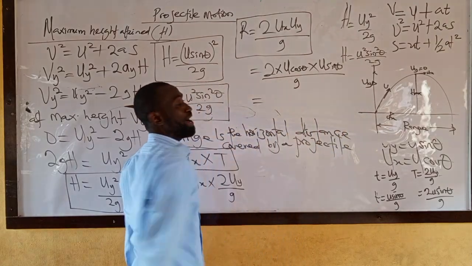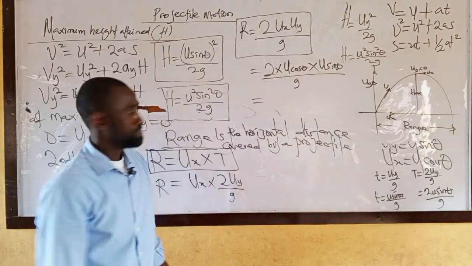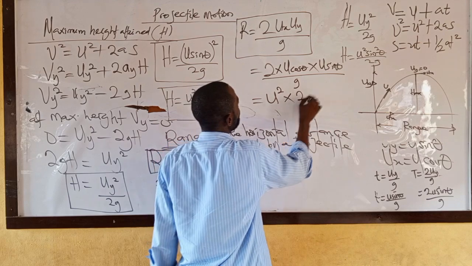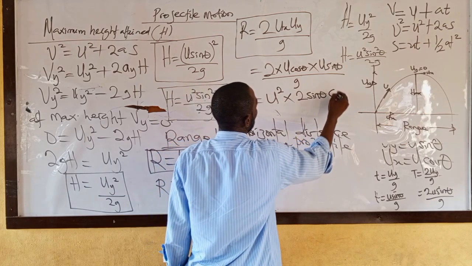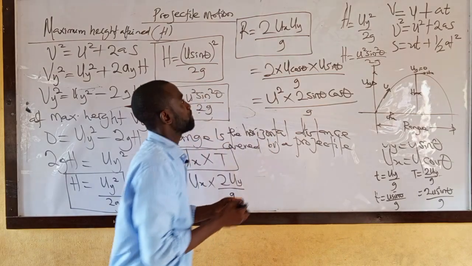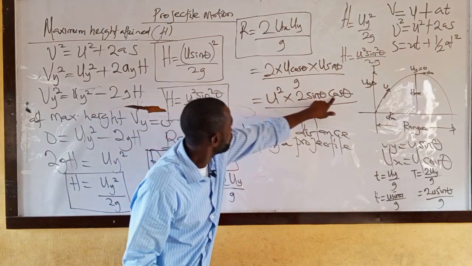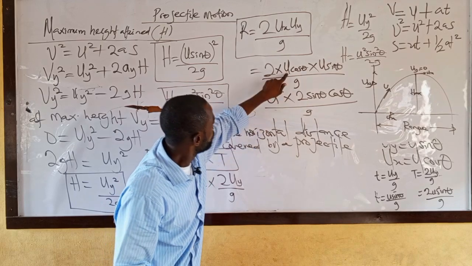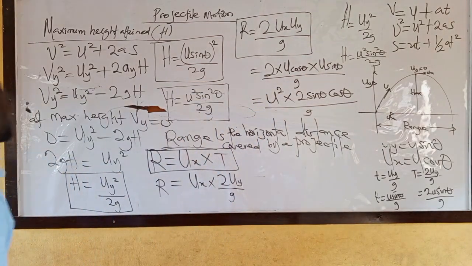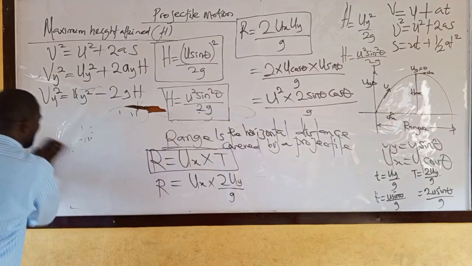So when I combine, u times u gives u squared, times 2 sin theta cos theta all over g. Now see one interesting thing. This is very interesting.